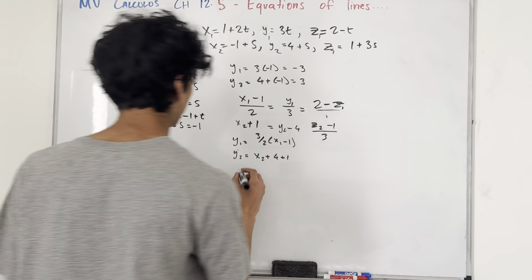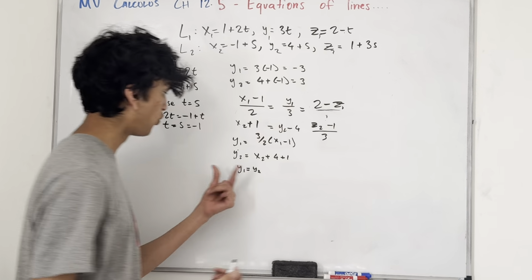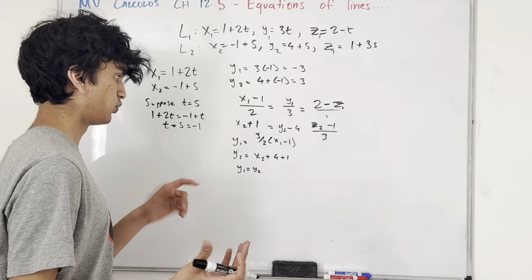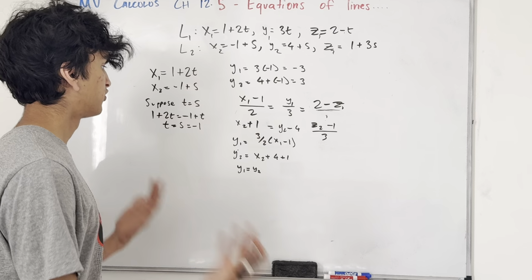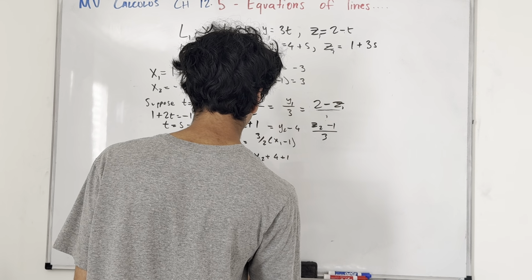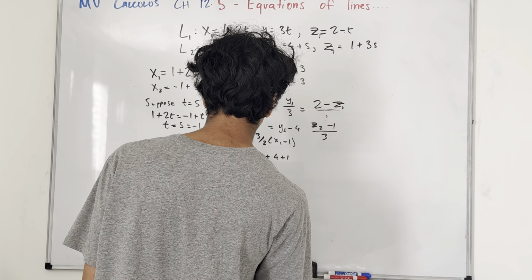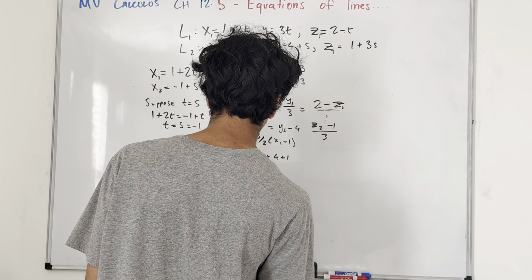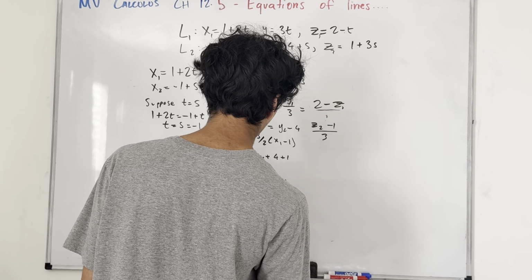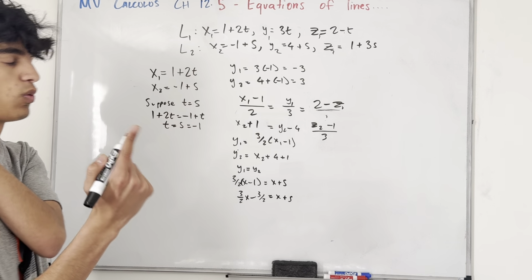So when y1 is equal to y2, there may be some x value where the y values are also equal. And I can solve for this x value. So I can say, hey, 3 halves x minus 1 will equal x plus 5. 3 halves x minus 3 halves, when I distribute, is going to equal x plus 5. x is really 2 over 2 x, right, because there's a 1 coefficient.